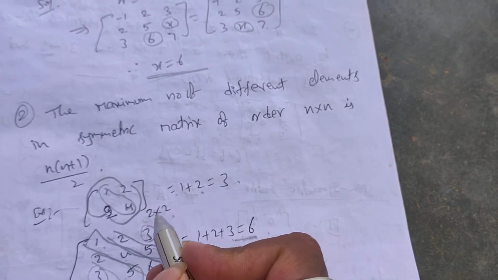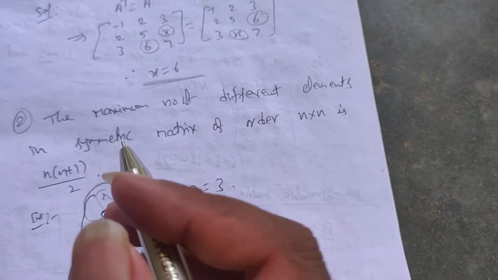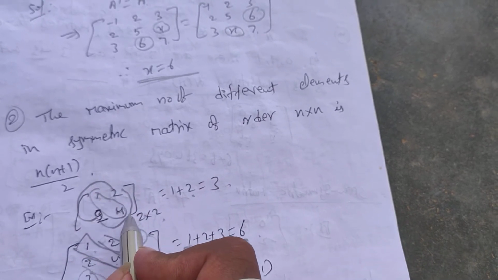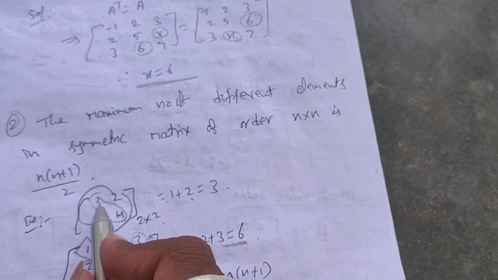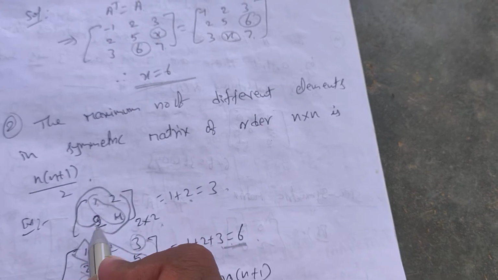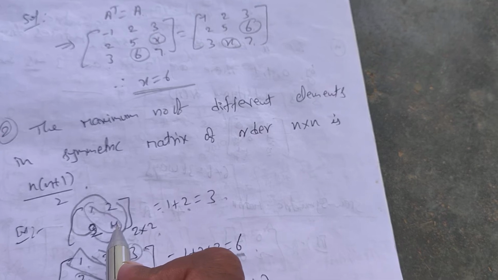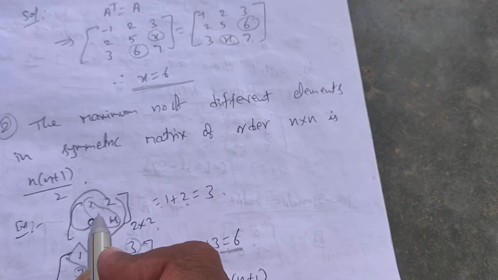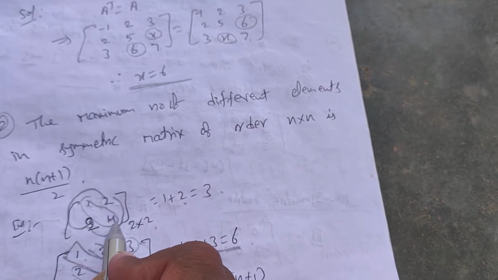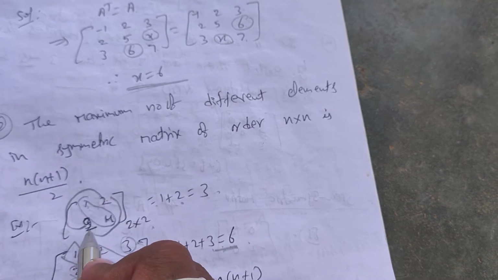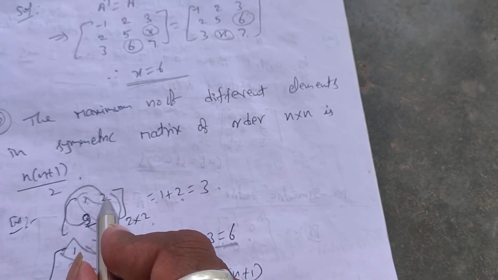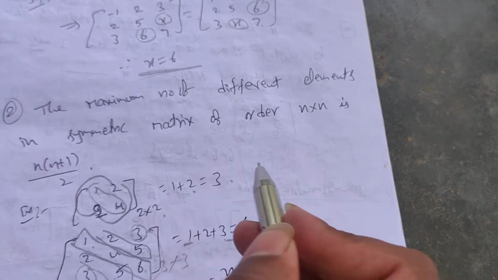For 2 by 2, the maximum number means the principal diagonal elements should be different numbers. This is one number, this is another number, but these two off-diagonal elements should be the same, then only it is a symmetric matrix. So here the principal diagonal has 2 elements and the other two are the same, so 1 plus 2 is equal to 3.